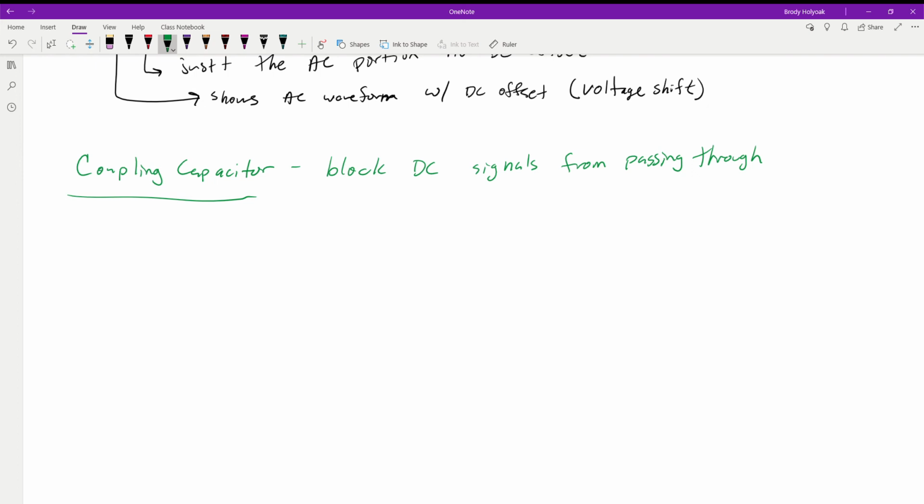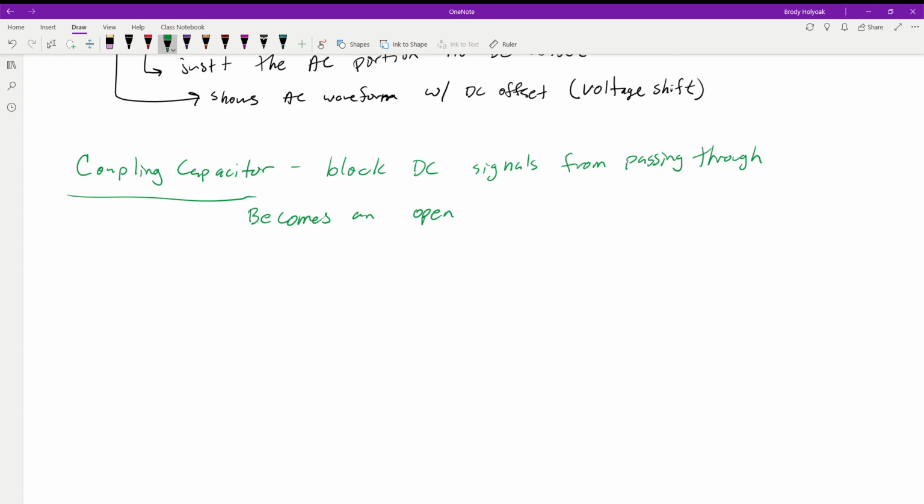We have it for the rest of our system. So that's the big thing with a coupling capacitor. It blocks DC signals from passing through the component. It charges up and it basically becomes an open. And we'll talk a little bit more about that as we get going.